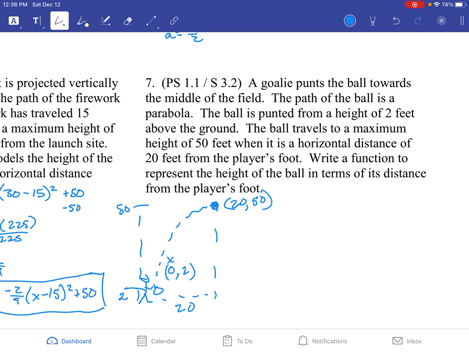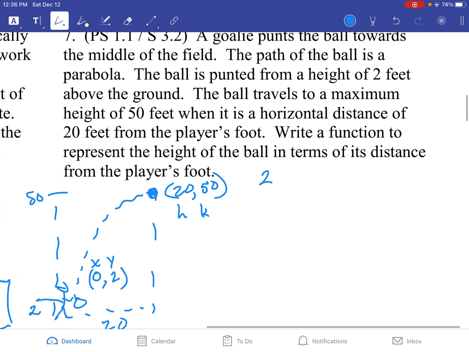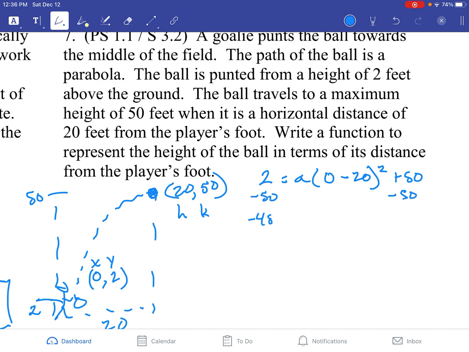Okay, so this is the x and the y. This is the h and the k. So the y is 2 equals a times x, which is 0, minus 20 squared, plus 50. We're going to subtract 50 from both sides to give you negative 48 equals a times 400.